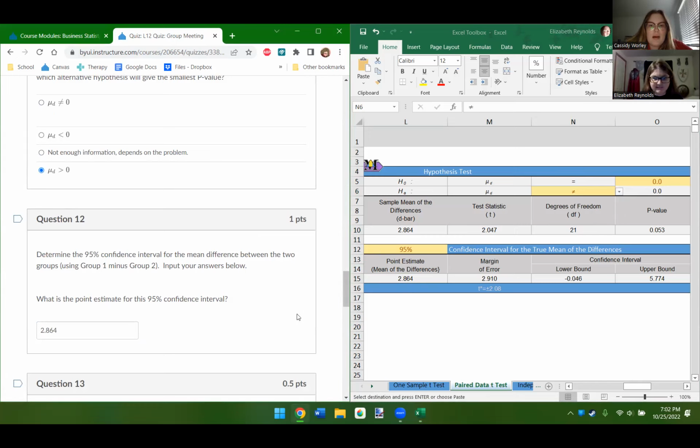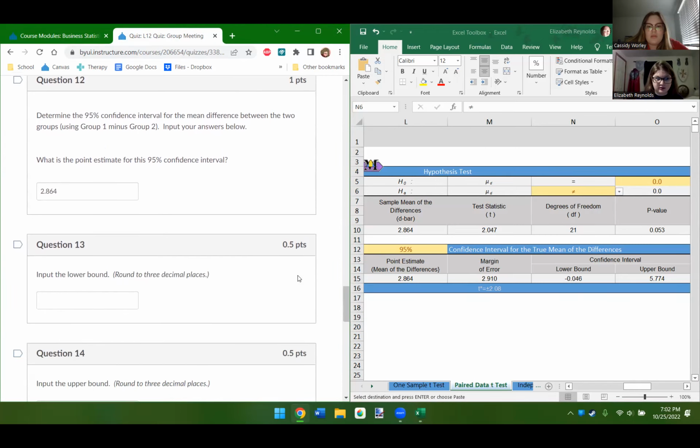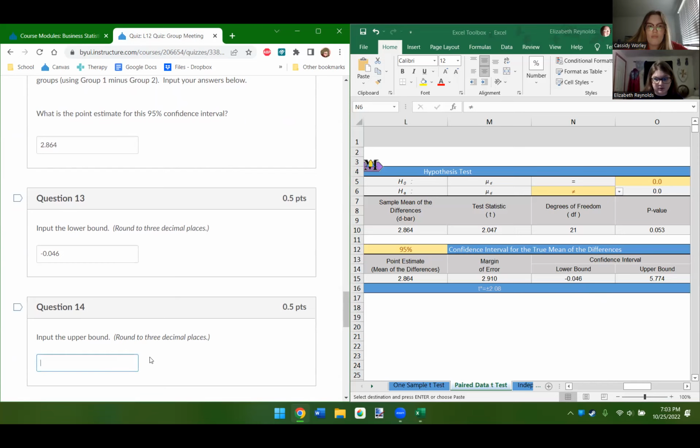And then the lower bound is negative 0.046. And then upper.